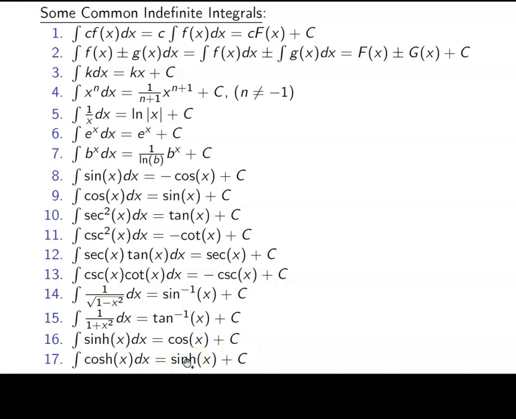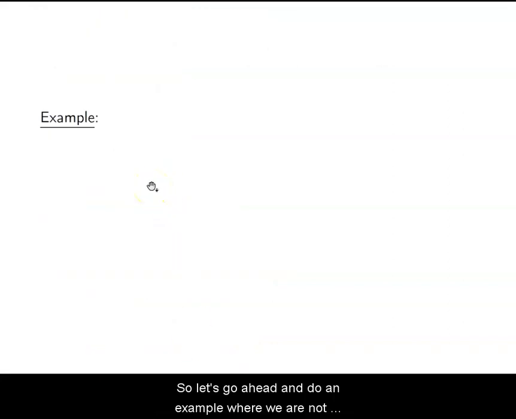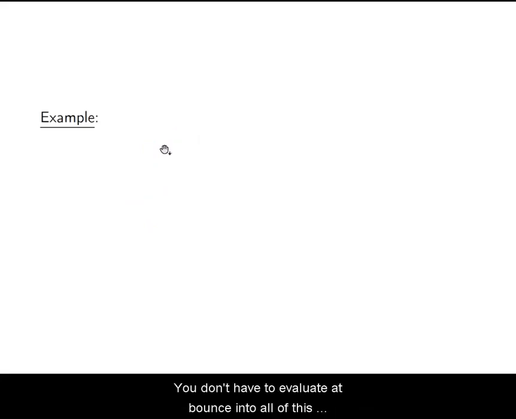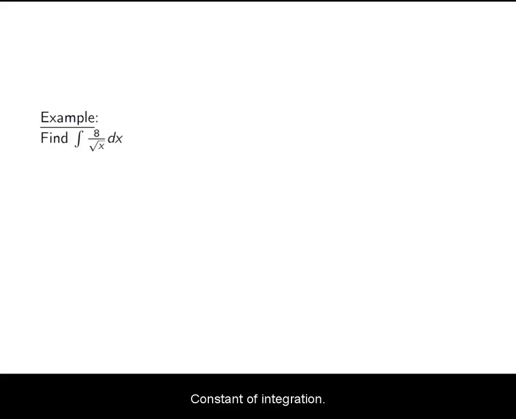Cosecant cotangent, and so forth and so forth. So let's go ahead and do an example where we are not evaluating at bounds, right? So an indefinite integral is actually much easier to evaluate than a definite integral because you just need the antiderivative. You don't have to evaluate at bounds and do all of the subtractions and things that we were doing before. Just don't forget to include your constant of integration, right, which is that c value.